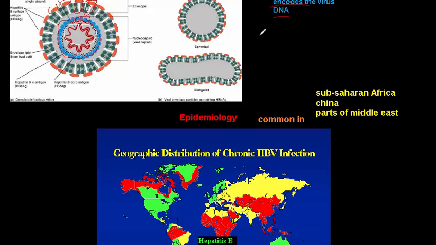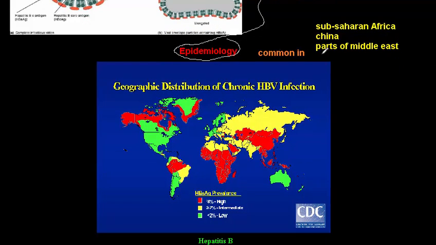Now let's move to the epidemiology of hepatitis B virus. Actually, this graph is by the WHO, the World Health Organization. The red thing here on the world map is associated with the high prevalence of hepatitis B virus.